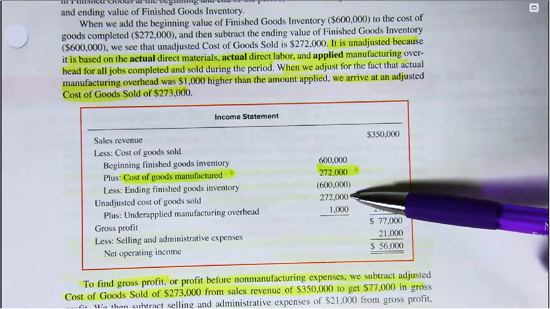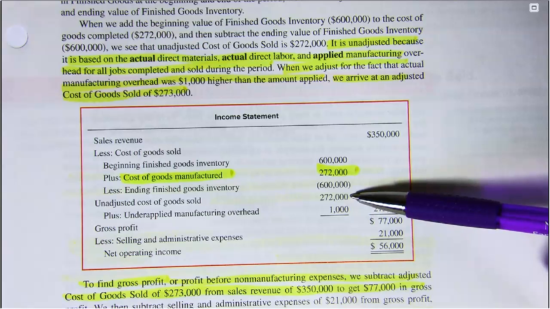Now it's called unadjusted because it's based on the actual direct materials, actual direct labor, but the applied manufacturing overhead for jobs completed and sold. Remember, we have to adjust for whatever the balance is in the over or under applied balance in the manufacturing overhead account.